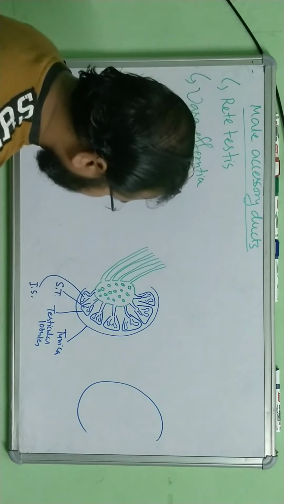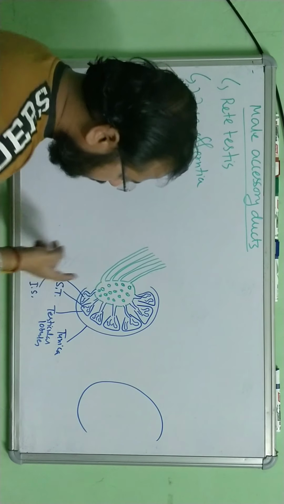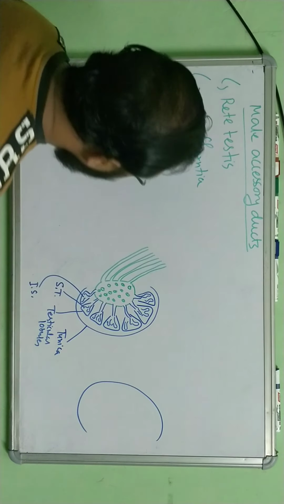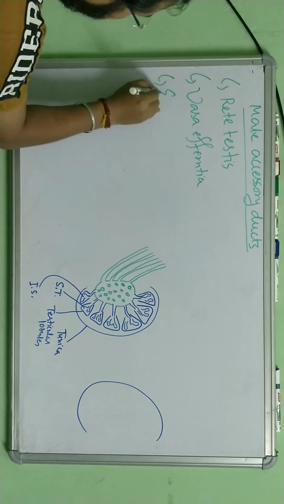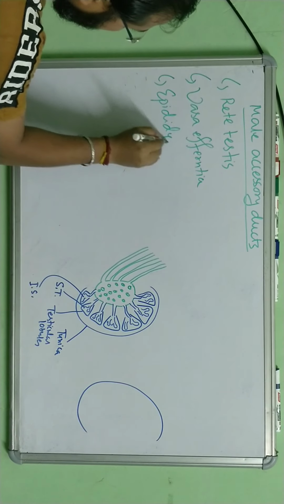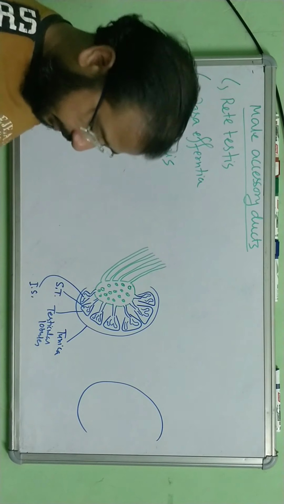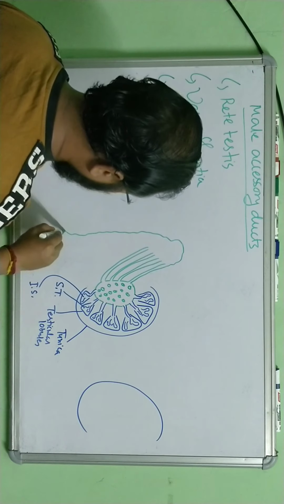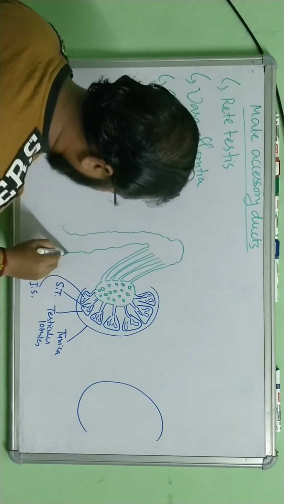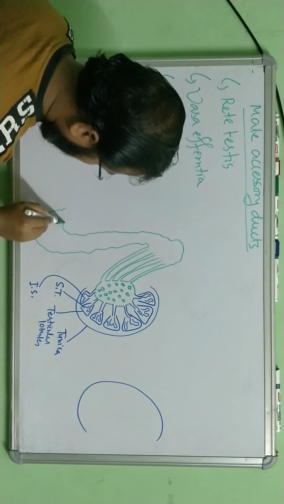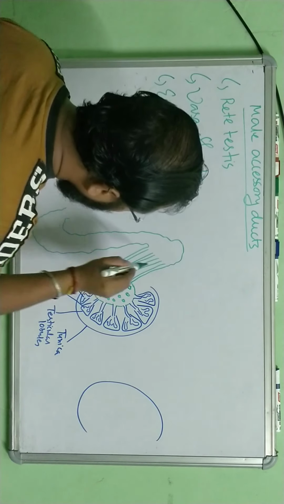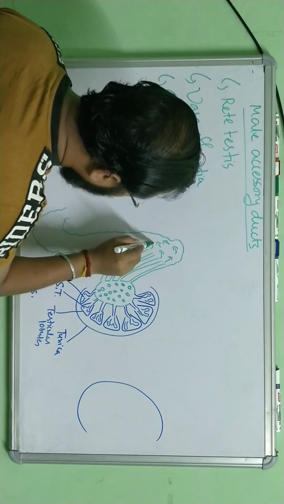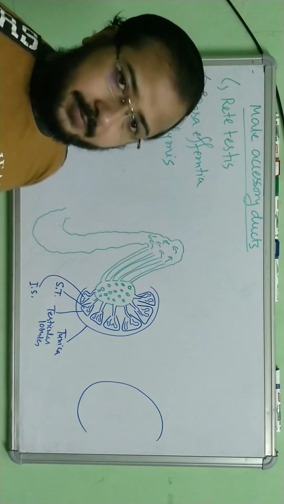They are transporting the male gametes, or the sperm, from the rete testis through this vasa efferentia. Okay, so the next one is the epididymis. Epididymis starts from here. The transported male sperms reach this epididymis.